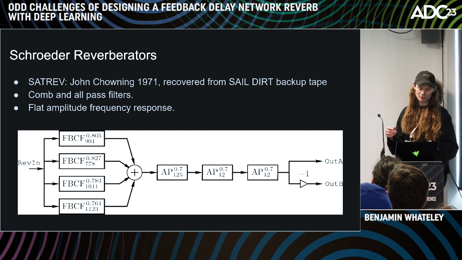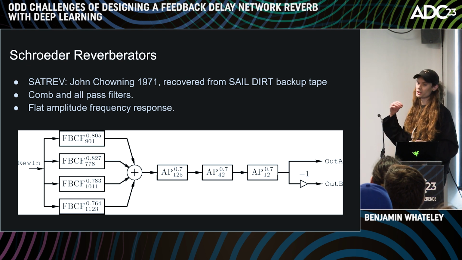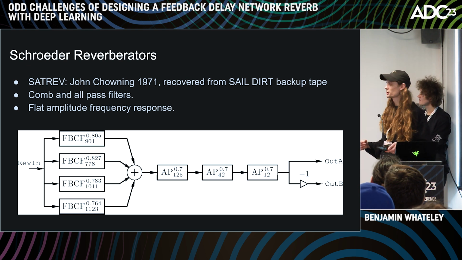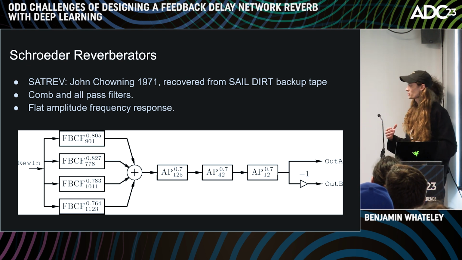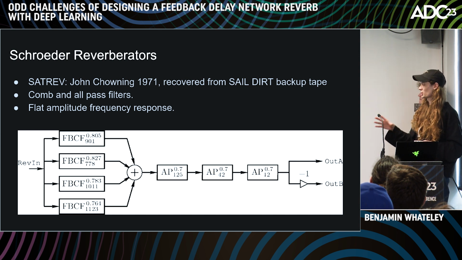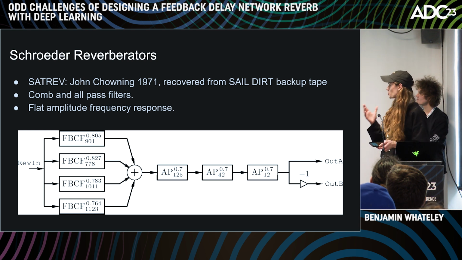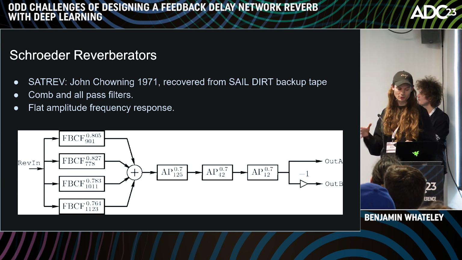And Schroeder actually describes a system where there's 5 all-pass filters with a feedback path that leads back to the beginning, and that creates those late reflections. And in his paper, I think what he's talking about is that system, which will have taken a lot of time to compute, but will have ended up with quite a more natural sounding decay because it would have had a lot of late reflections.